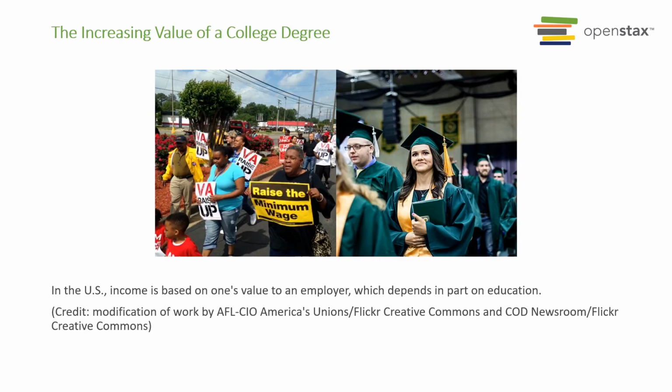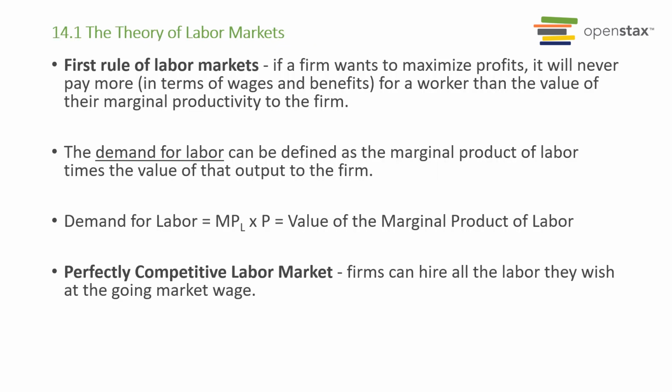So think about what the goal for a company is. The goal for a company is to maximize profit. So the first rule of the labor market is the company will keep hiring people as long as the value this person can bring to the company is more than how much the company is paying for the person. Imagine I'm hiring people for my chicken fried rice business, and an additional worker can bring in an additional $25 for the business per hour.